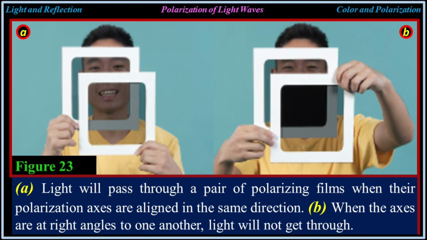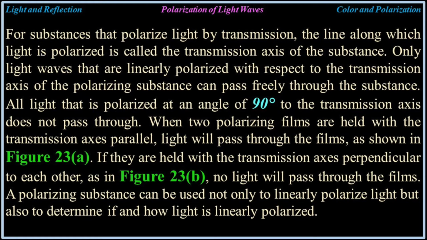Light will pass through a pair of polarizing films when their polarization axes are aligned in the same direction. When the axes are at right angles to one another, light will not get through. For substances that polarize light by transmission, the line along which light is polarized is called the transmission axis of the substance.